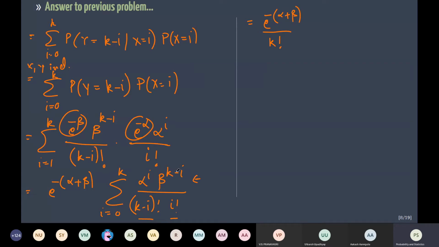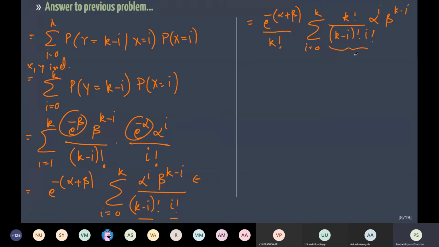So this will give me the binomial expansion of alpha plus beta to the power k. That's what I'm trying to do. So I've divided by k factorial, and then I put k factorial inside: the sum i equals 0 to k of k factorial over k minus i factorial and i factorial, alpha to the i, beta to the k minus i.